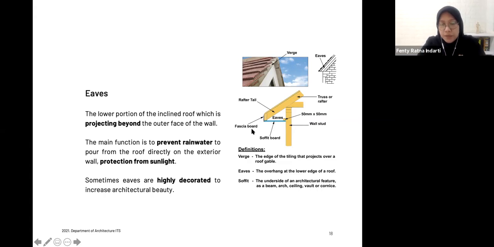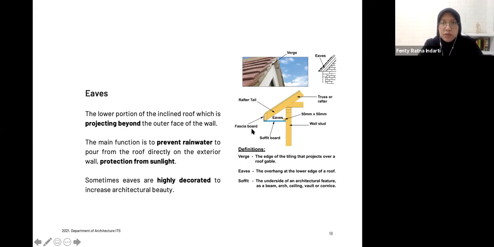The main function of the eaves is to prevent rainwater from pouring from the roof directly onto the exterior wall, as well as protection from sunlight, because it's protruding and gives you more coverage. That's why it's an important part of your roof. Sometimes eaves are highly decorated to increase architectural beauty.